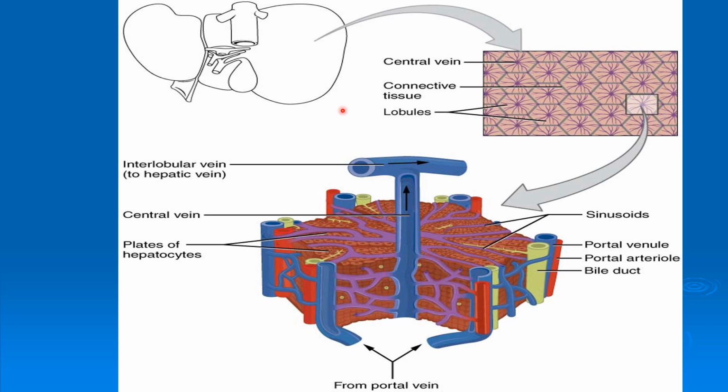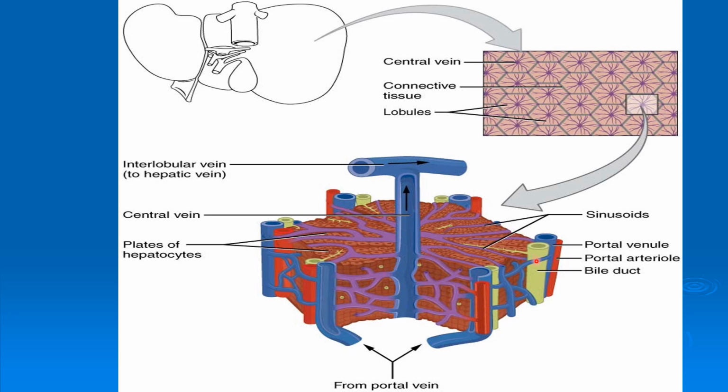Coming to the picture of microscopic anatomy, this is the liver. A section of liver is taken like this, and here you can see a number of hexagons. Each hexagon is called a lobule, or we say the lobule is hexagonal shaped. This is the structure of a hexagon. It has 6 sides, that is why it is called a hexagon. At the periphery of the hexagon you can see the portal triad, at each corner.